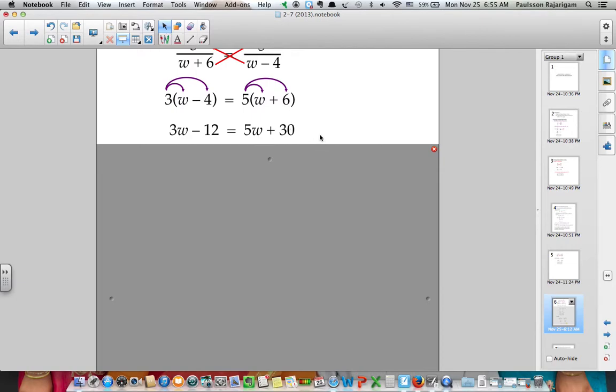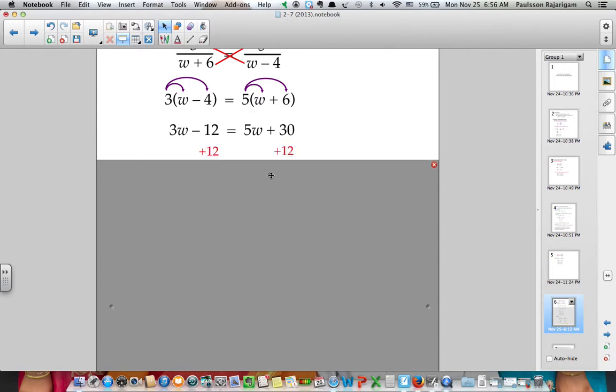Now, once we get to this stage, this is essentially one of the previous lessons that we did, where you rearrange the terms and you realize that the variable terms are on both sides of the equation, so you need to combine them. All right, let's start with the constants. I'm going to add 12 to both sides, right?